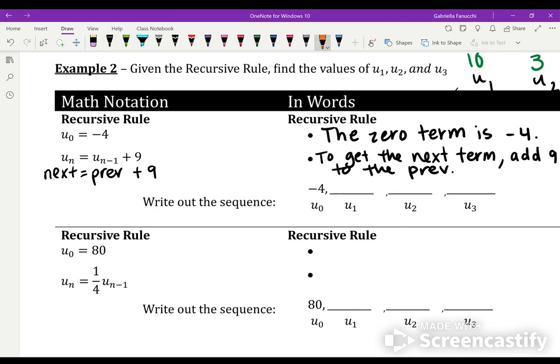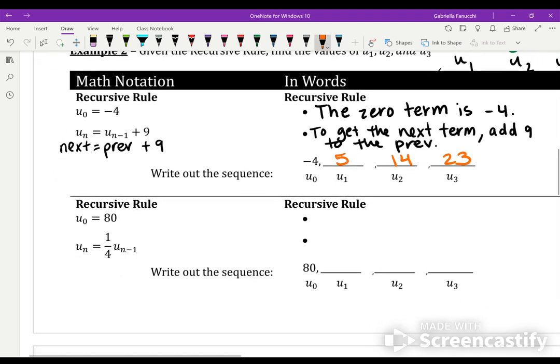So -4 plus 9 is going to be 5. 5 plus 9 is going to be 14. 14 plus 9 is going to be 23. So we got U0, the 0 term. We have the first term, second term, and third term.